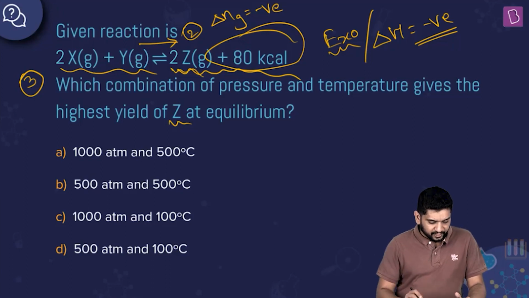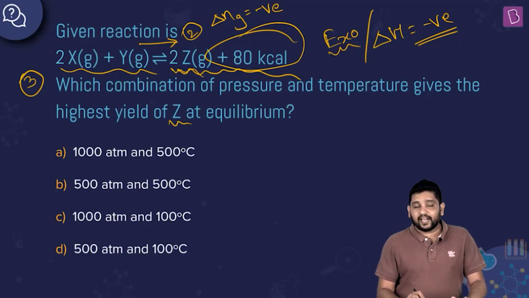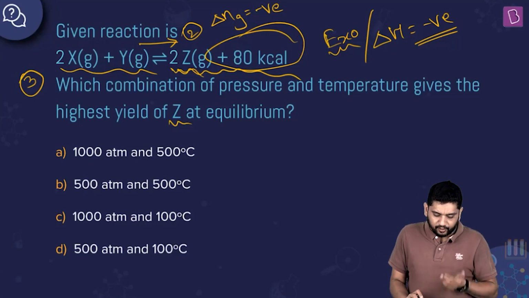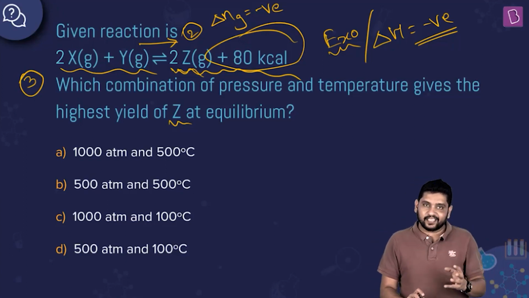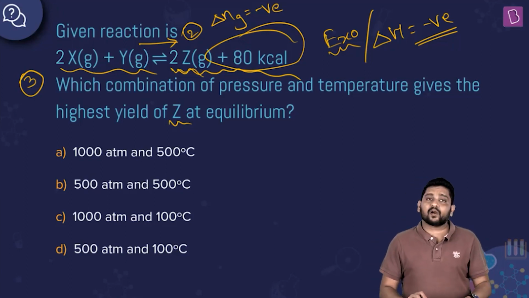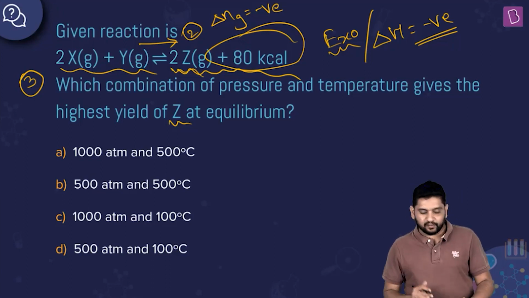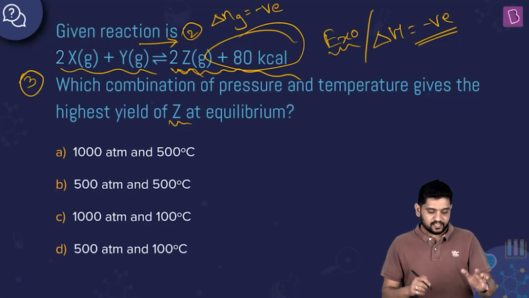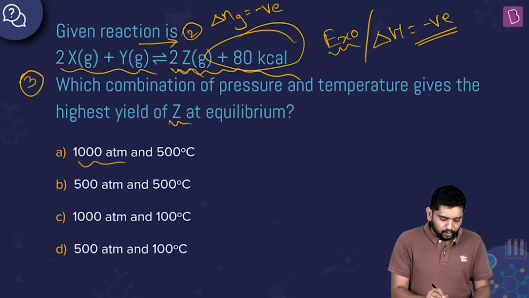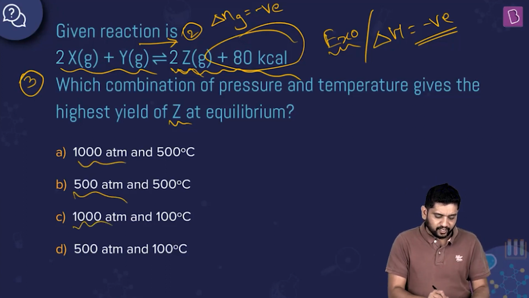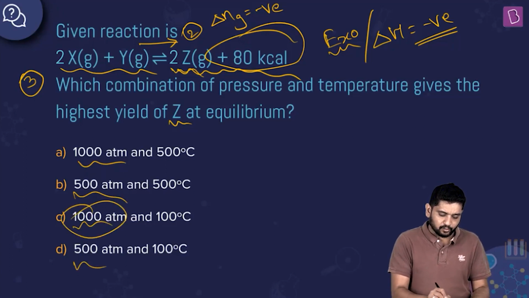So what do I see here? Out of all the options, there is definitely not a particular answer that I can tell you about right away. What I am looking for is the highest value of pressure and the lowest value of temperature. There are only 2 pressures that I can see, 1000 and 500, so obviously 1000 is what I would prefer.